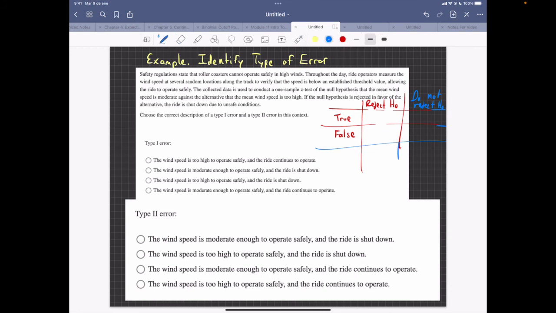Type 1 error. And then what happens if we don't reject H null, but it's false? Again, another mistake. In that case, we have a type 2 error.